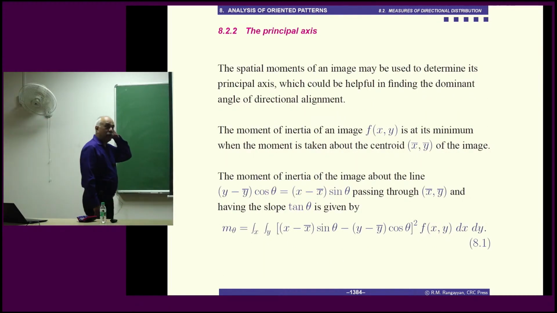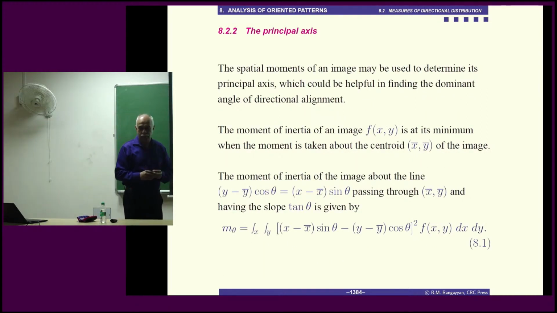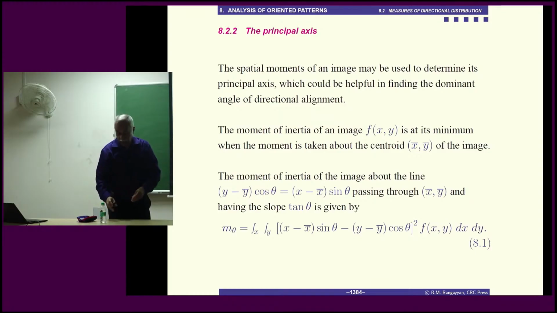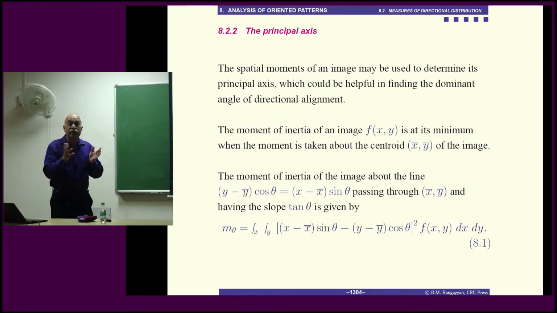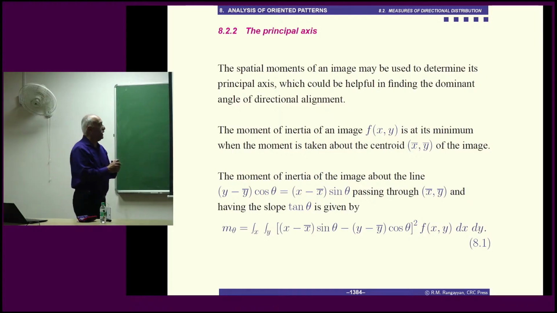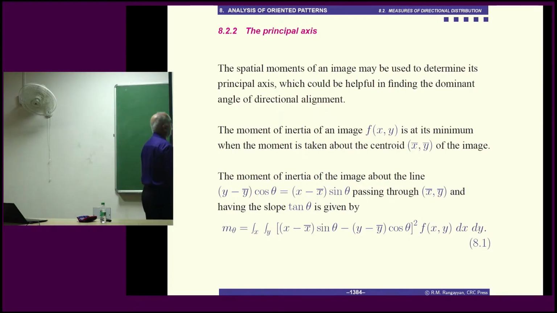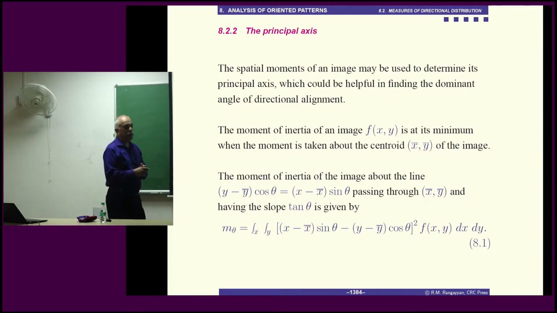You could also compute what is known as the principal axis. So I have this object, and if it is vertical, then there is a principal axis like that. Or if it is like this, the principal axis is that way. So the orientation of an irregular object could be identified by taking moments and finding the principal axis.